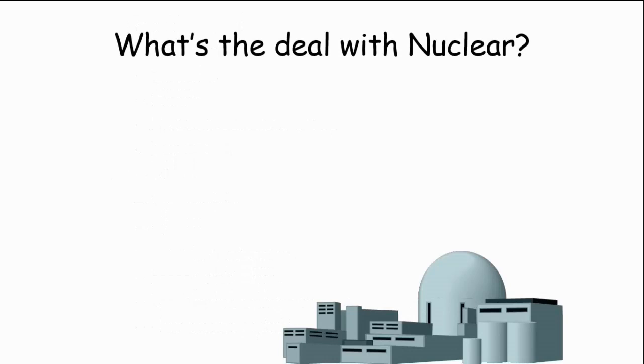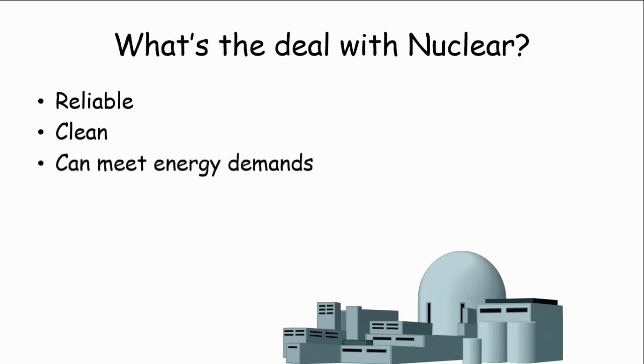So what's the deal with nuclear then? Not mentioning it yet. Nuclear power stations. Possibly. There's some hope here. One thing about nuclear is it is reliable. It is absolutely reliable. It's clean. It does not give off any CO2, doesn't give off any greenhouse gases. It can meet the energy demands that we have.